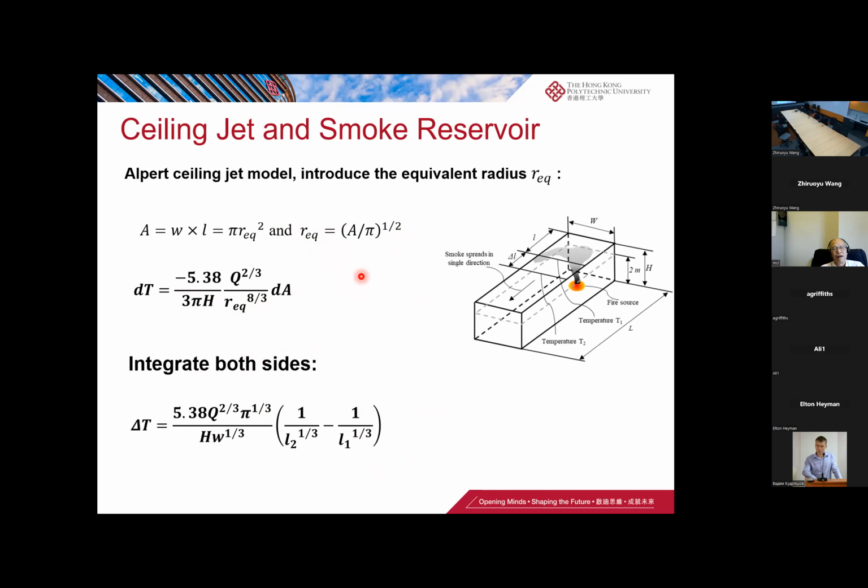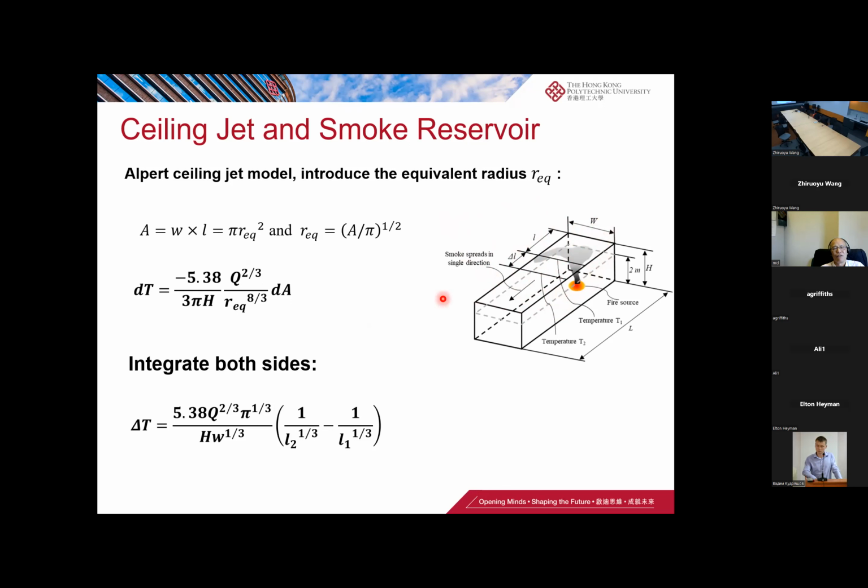The assumption in using the equivalent radius to replace R for the unconfined ceiling case is that the heat loss from the smoke to the ceiling and environment is proportional to the smoke coverage. So if smoke covers the same ceiling area, the heat loss should be the same.